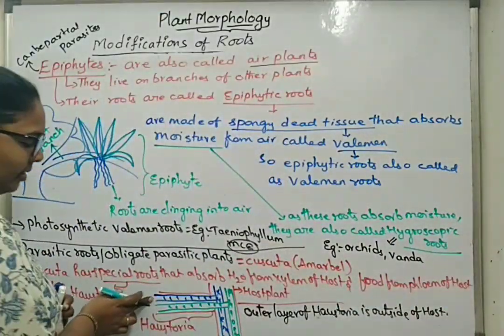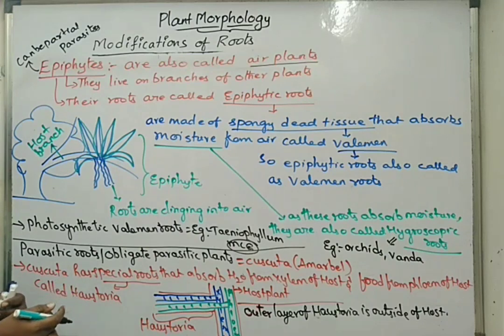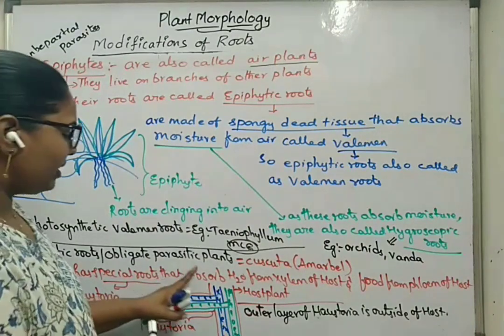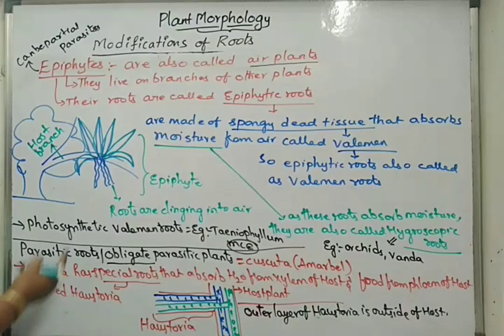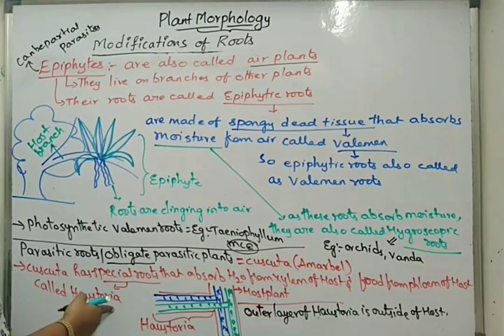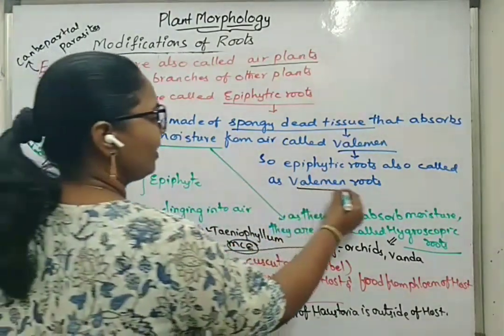Only the parts of xylem and phloem of the roots will be penetrated into the host plant. So just before we have seen, these are considered as obligate parasites, means complete parasites. So these are epiphytes, these are haustoria, and this is about velamen roots.